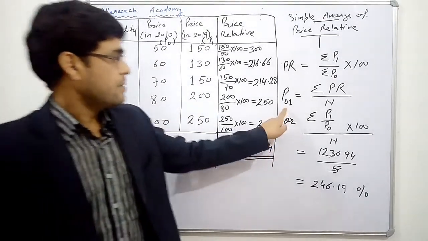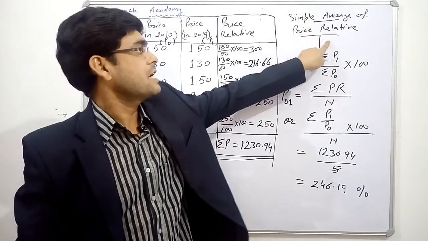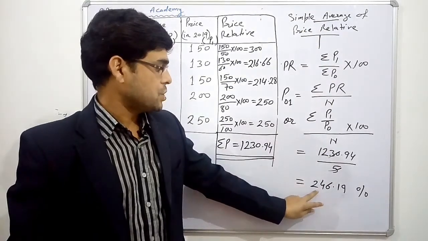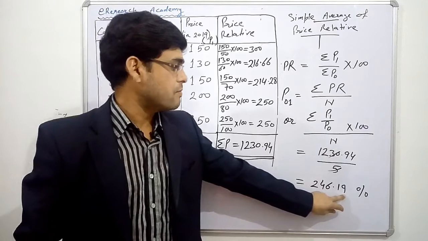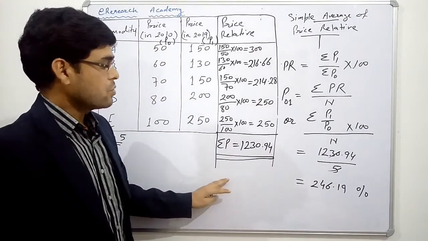So this is our price index by the simple average of price relative method. The answer is 246.19%. What can we conclude?